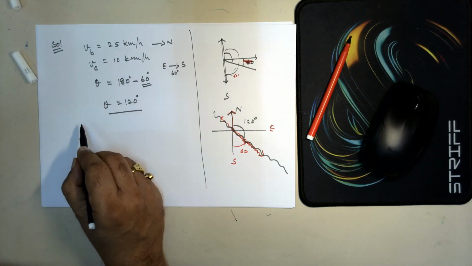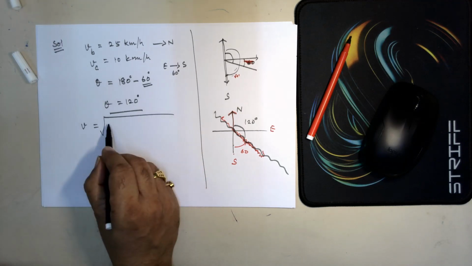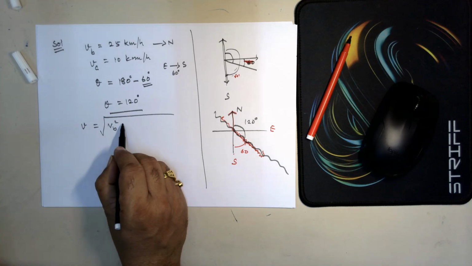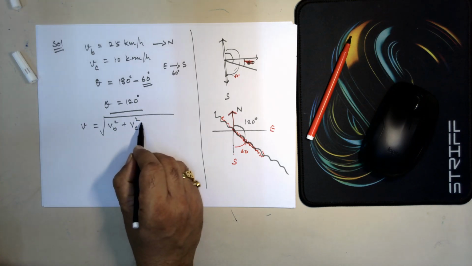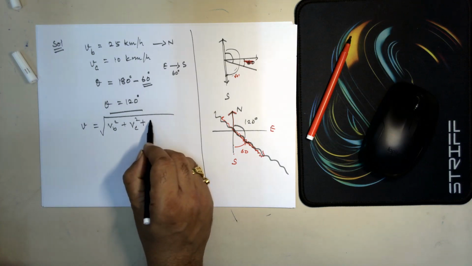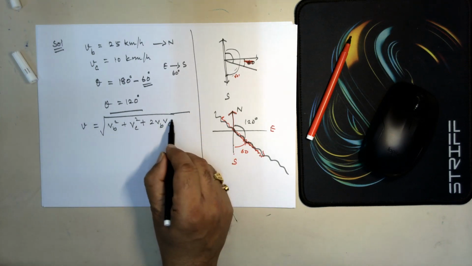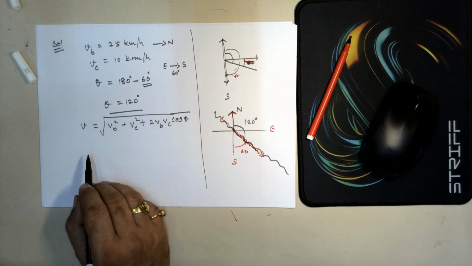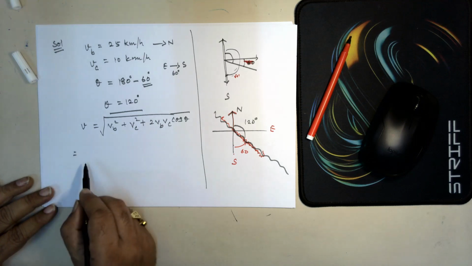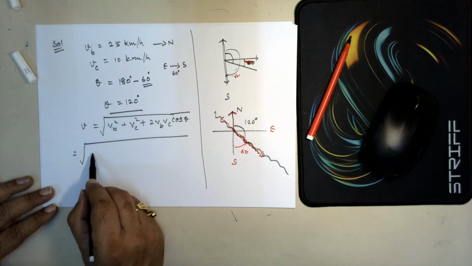And let us proceed. What is the resultant velocity? V is equal to the square root of, tell me, VB squared plus VC squared plus 2 VB VC cos theta. Is it not? Now, what is VB? 25.